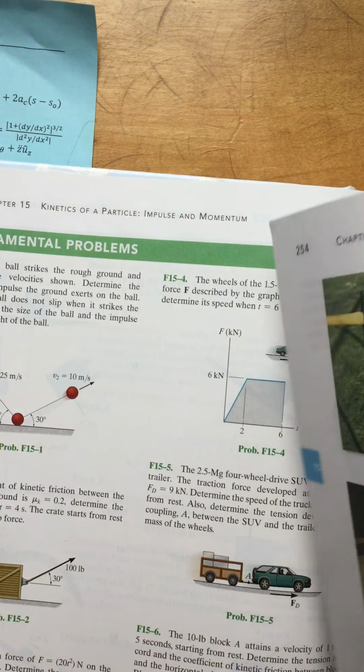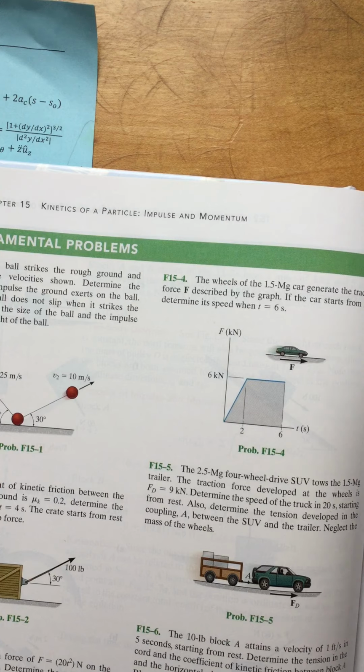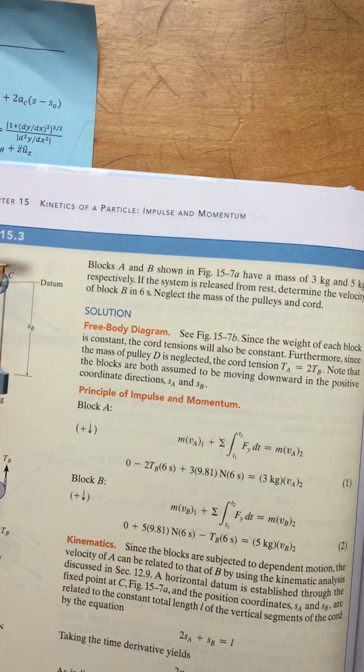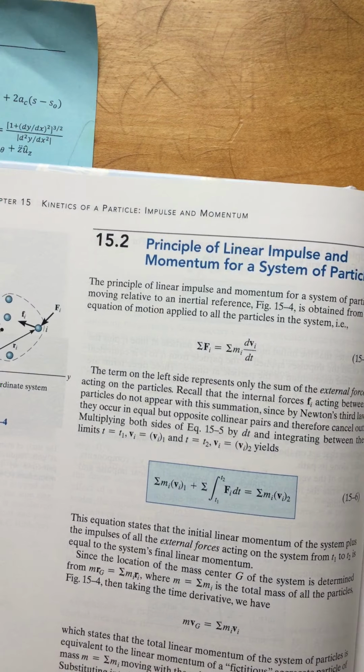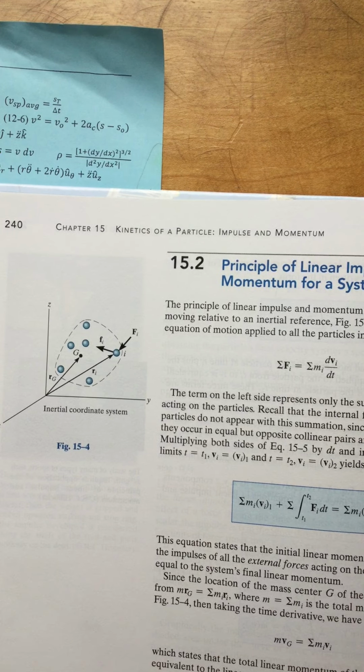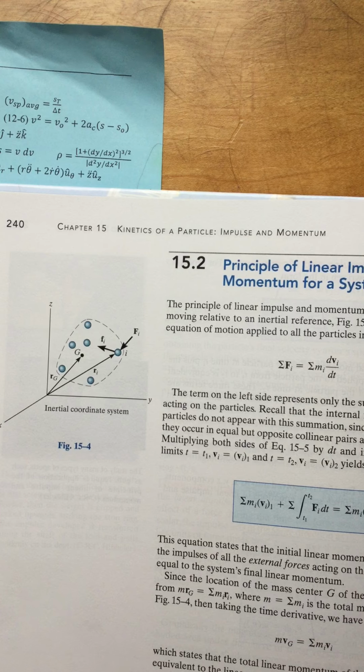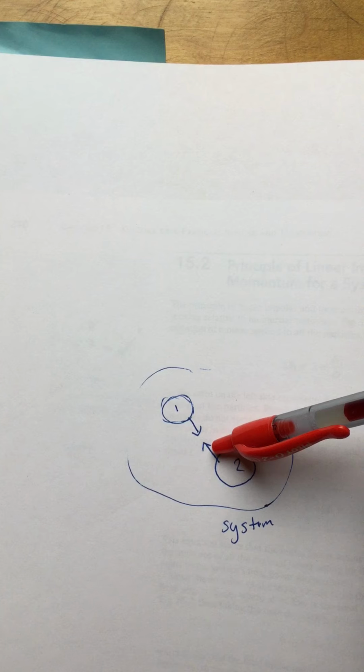If you go back to section 15.2, where they have the figure for the system of particles, we are choosing a system, and the system may contain more than one particle. And if you have two particles here, they exert forces on each other by Newton's third law.